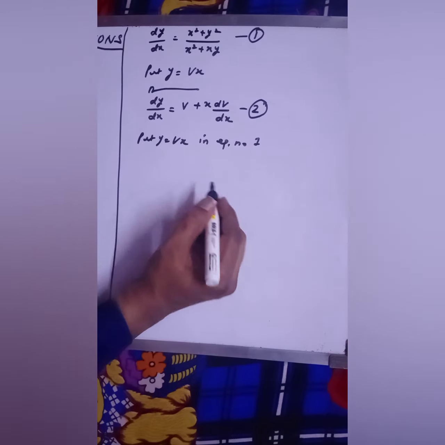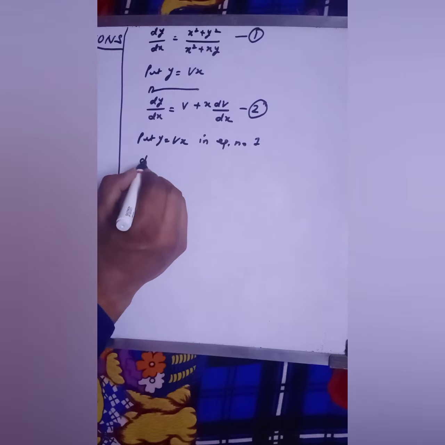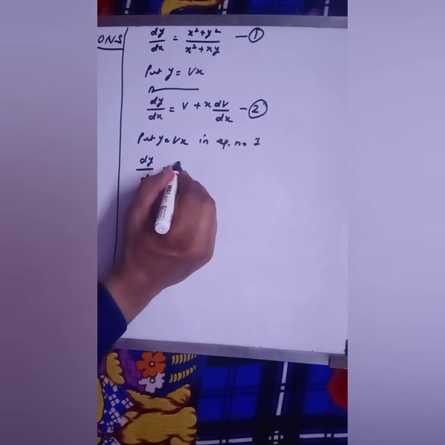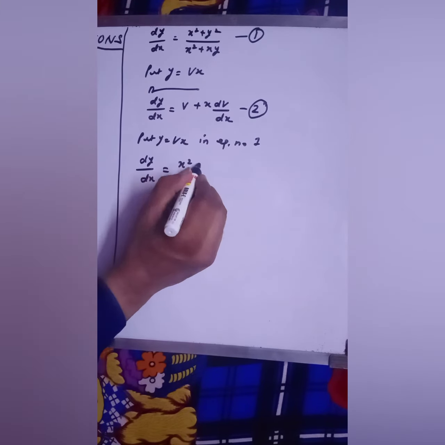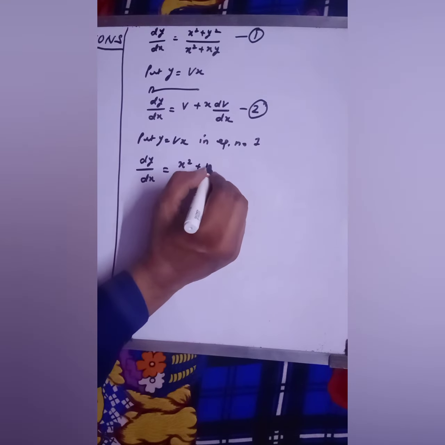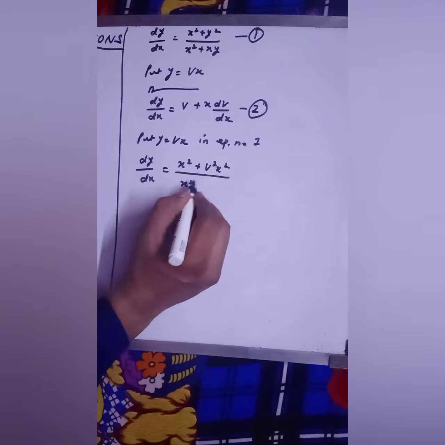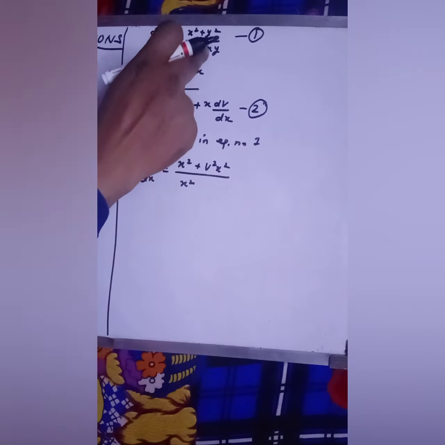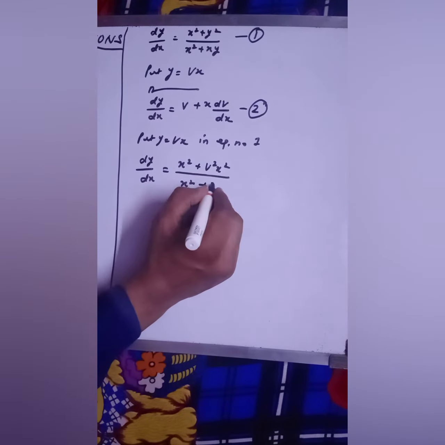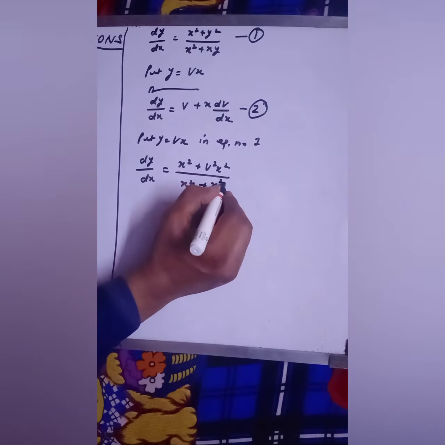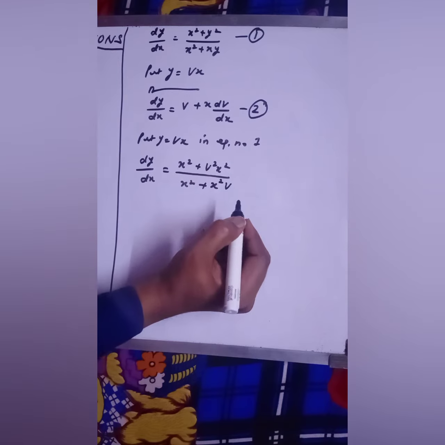When you put this value in your equation number 1, you will get dy by dx equals x square plus v square x square over, similarly in the denominator it would be x square plus x will remain the same, and in place of y when you put vx, this will be v square x square into v.